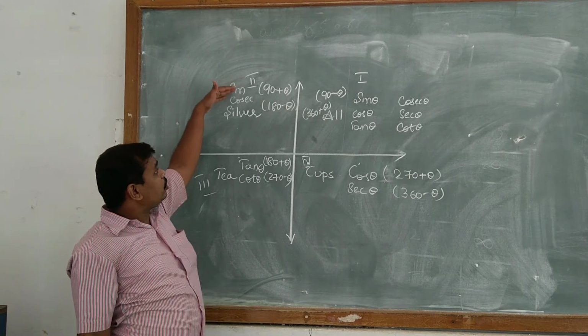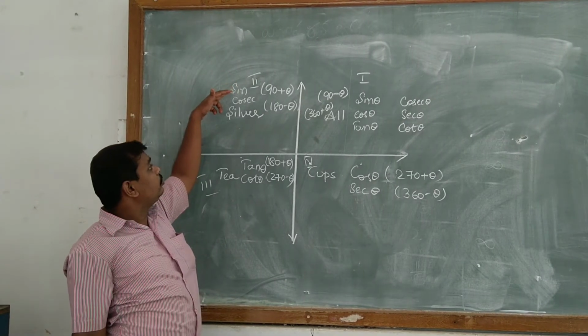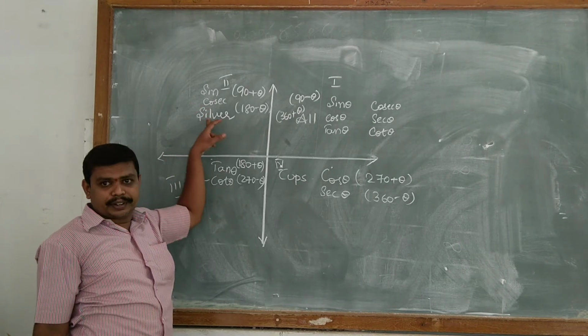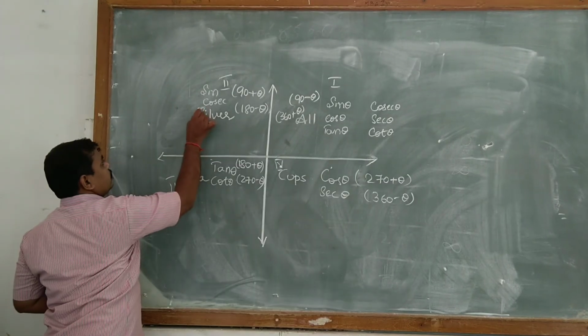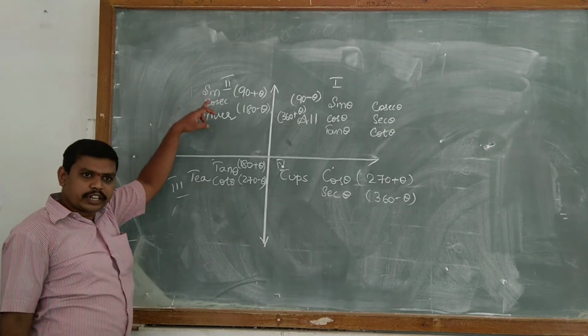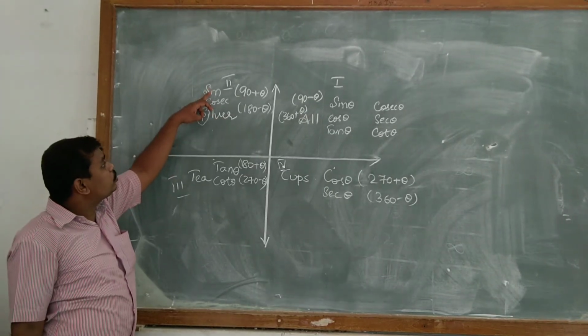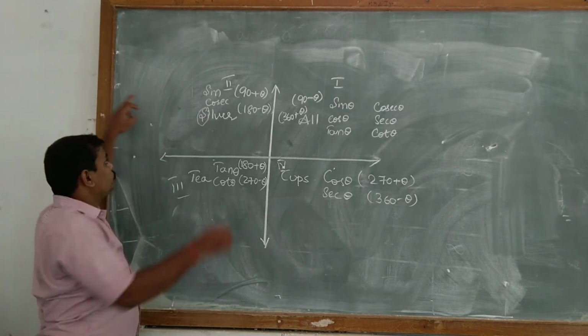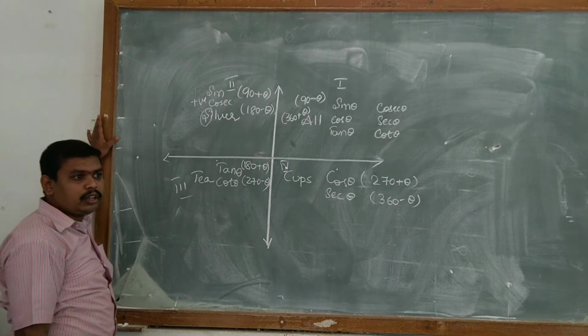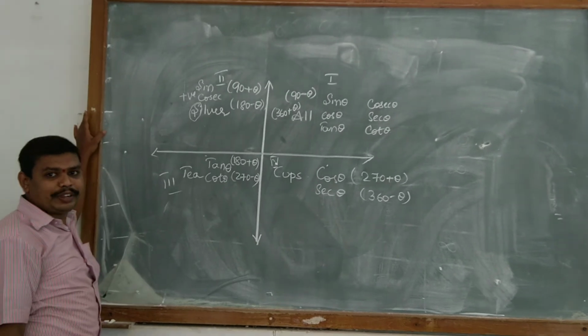Coming to the second quadrant, you will have sine with its cosecant. Silver, remember this, silver. S means the sine with its reciprocal. These 2 terms, sine and cosecant, will both be positive.